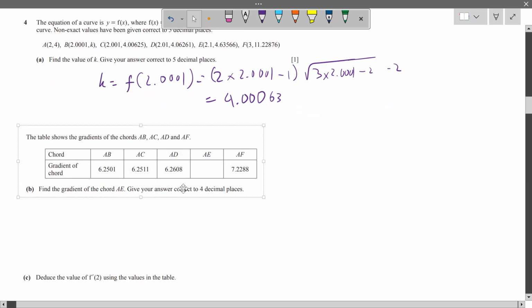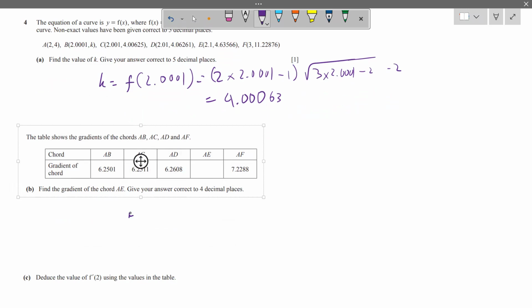So here, the gradient of chord AE is equal to f of 2.1 minus f of 2 over 2.1 minus 2.